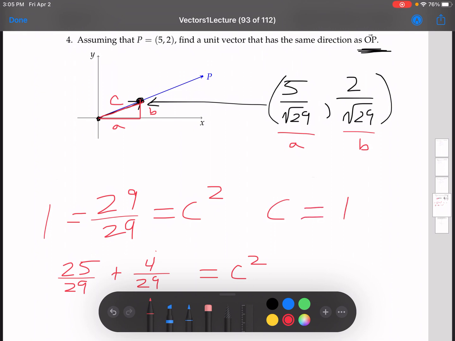So in fact, we found a vector whose length is 1, a unit vector, and it has the same direction as OP.